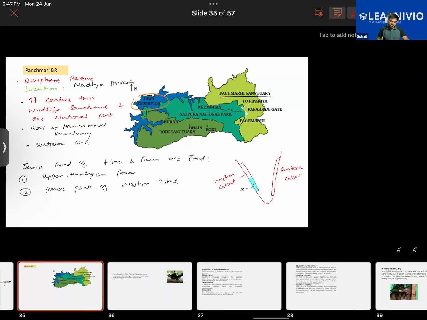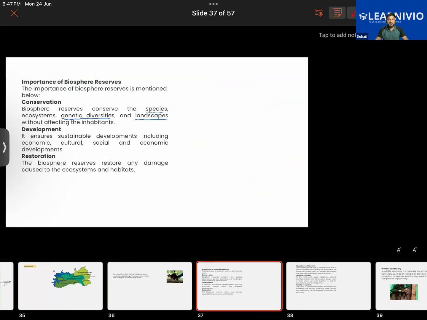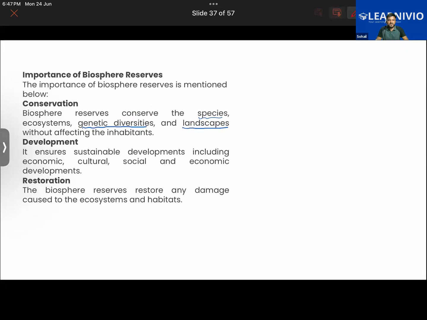So conservation of a biosphere reserve is important for the tribal people living there also, because their economy is dependent upon that area, and their culture is also being preserved. Furthermore, it helps in restoration also. The biosphere reserves restore any damage caused to the ecosystem and the habitat.